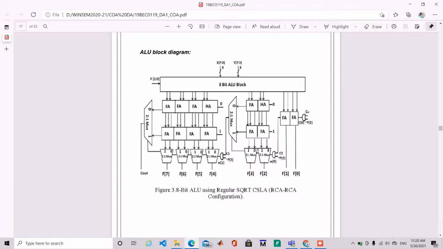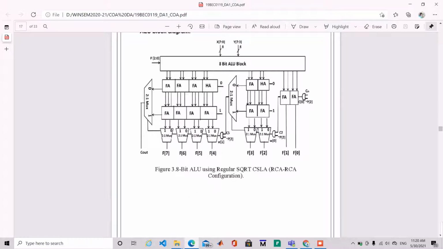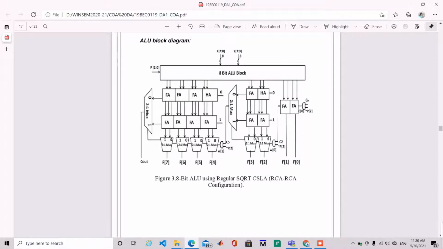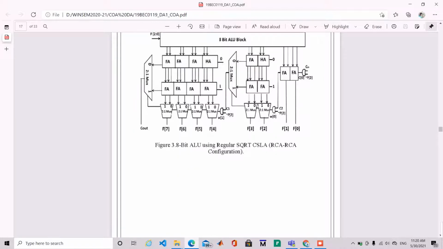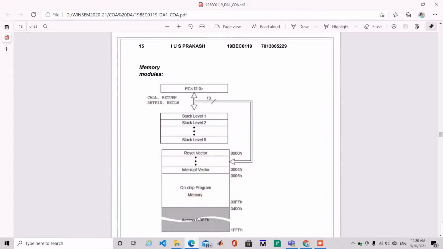It contains eight 2-to-1 muxes. And this was the block diagram using regular SQRT, CSLA, RCA configuration.